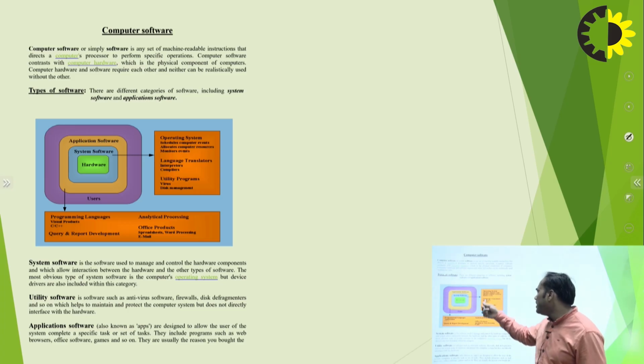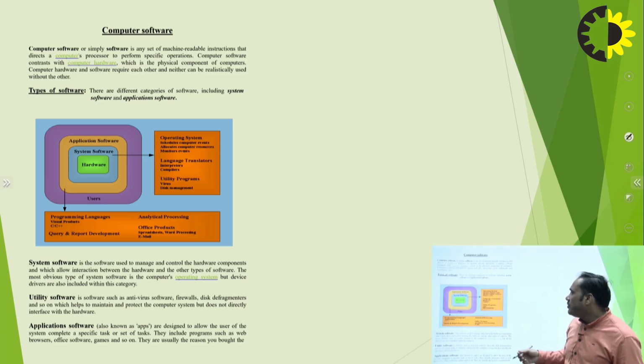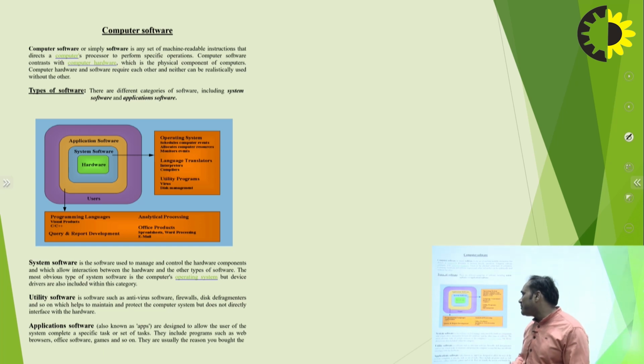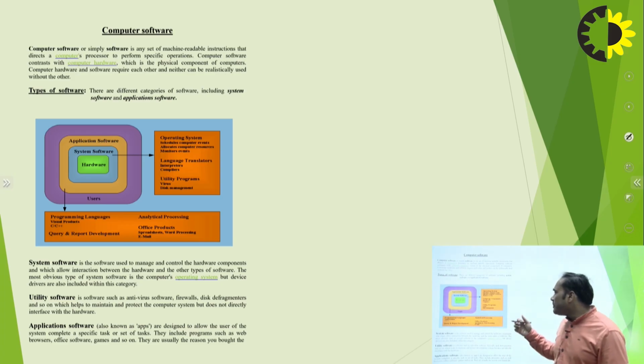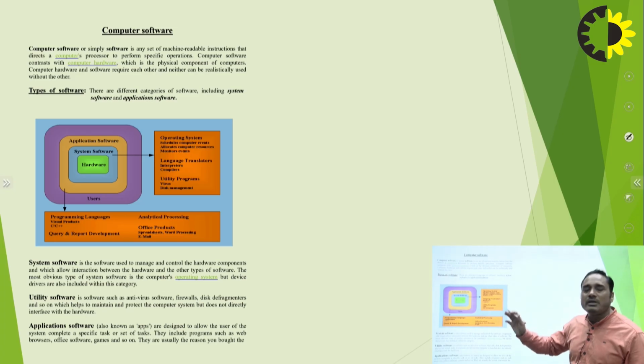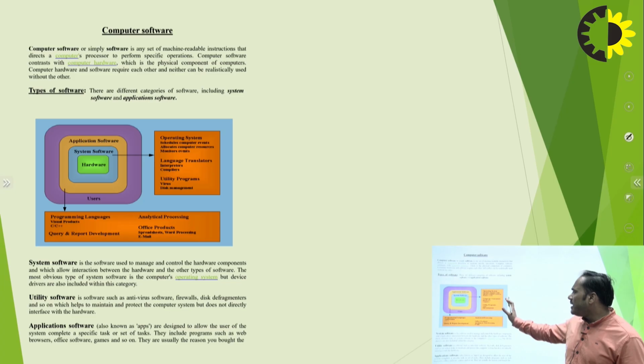This is basically a block diagram. We can use different programming languages like Visual Basic, C, C#, C++, query and report development, and analytical processing. They help run the program with the help of the OS.